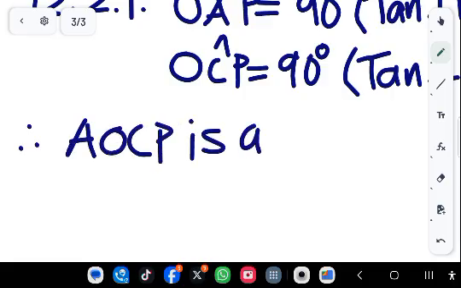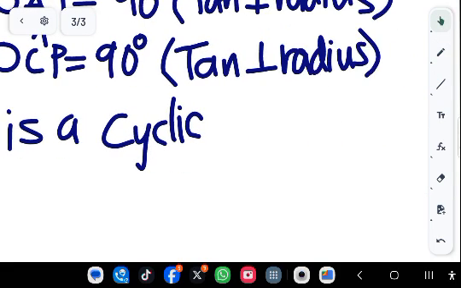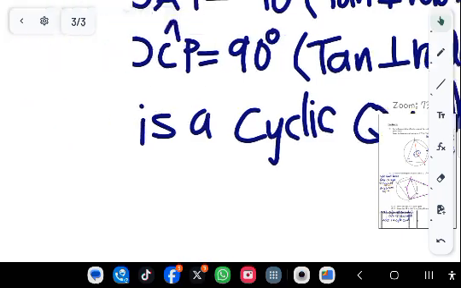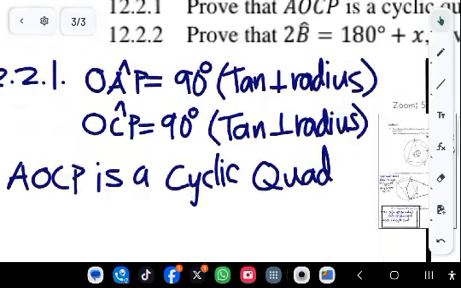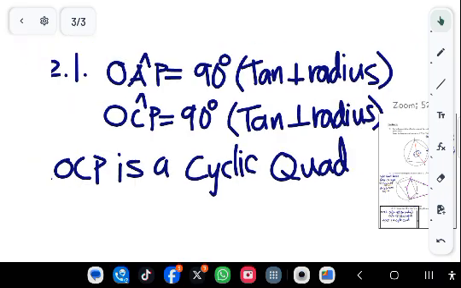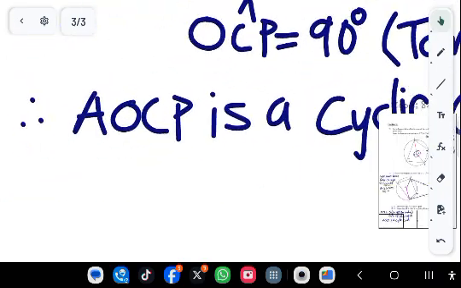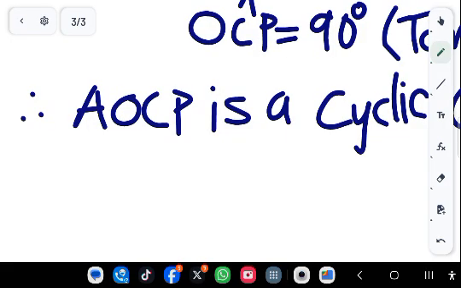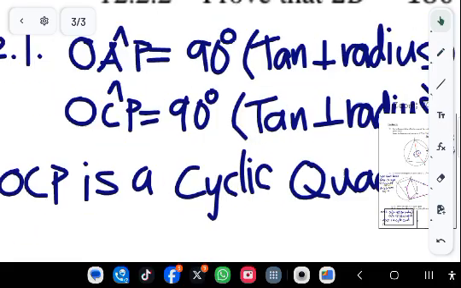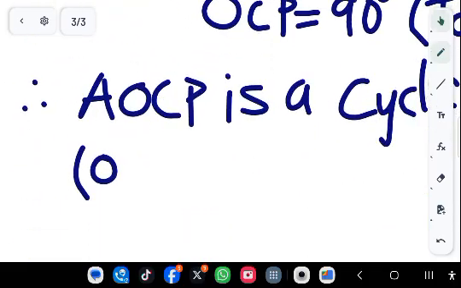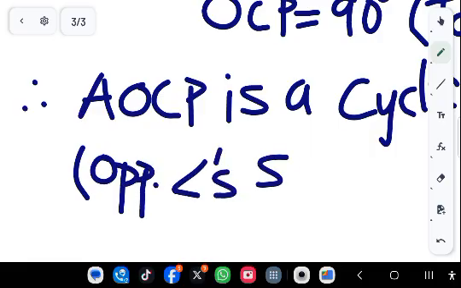The reason is opposite angles supplementary.